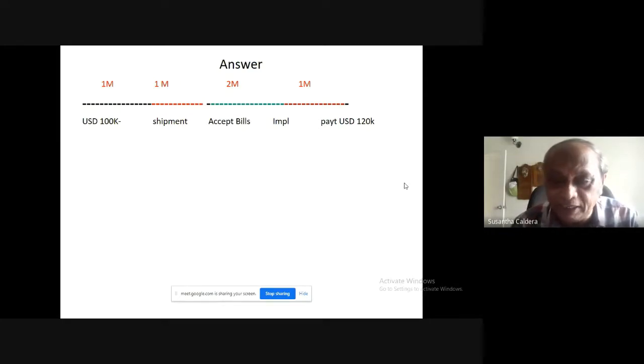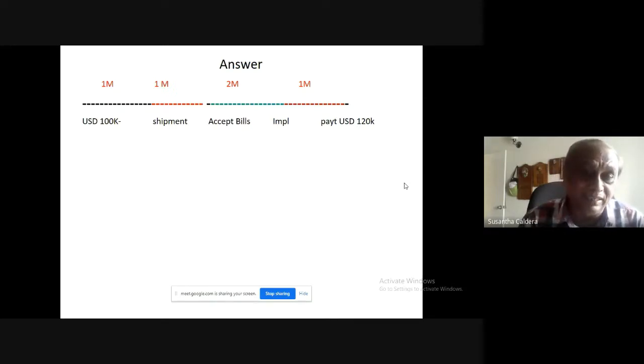When you are writing, be careful. You have to always use the word revolving. You have to start with the word revolving. All these facilities are revolving. Once one transaction is finished, that is open for the next one. Right?